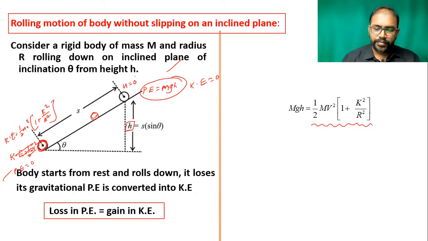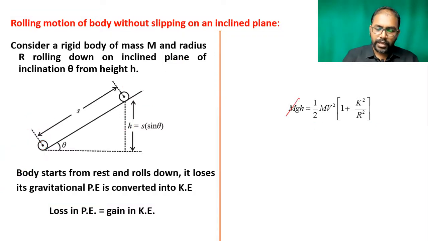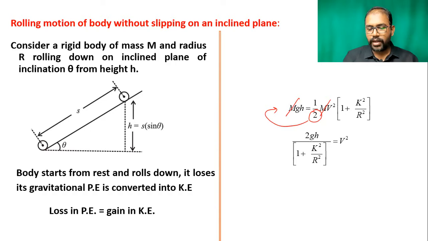Now after that, we have to simplify this equation. We can cancel the common term, this m and this m. Then 2 we can shift to this side. So here 2 is divided, to this side 2 is multiplied. 2gh is equal, and we can transfer this bracket also to the left hand side. So here the bracket is multiplied to v square, so here it is divided.